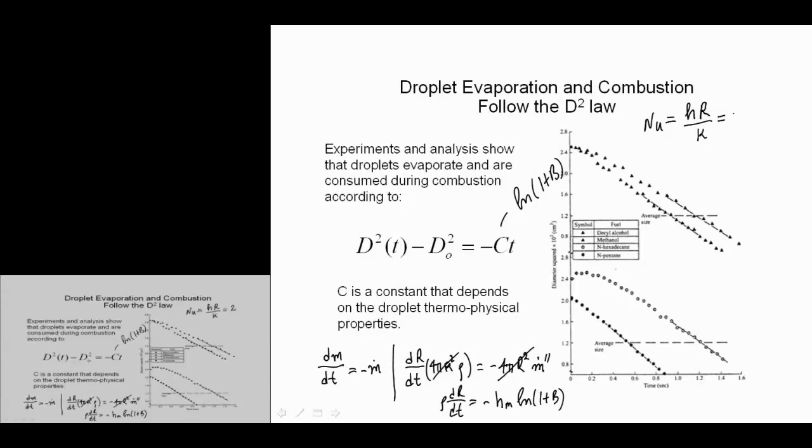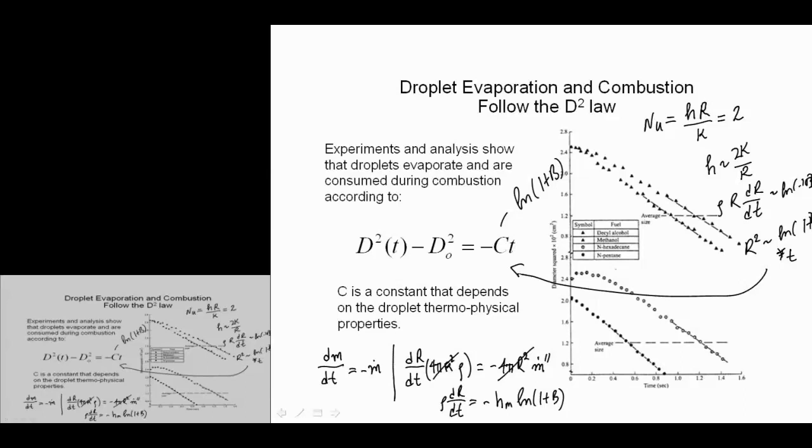And so what you see is that h looks like 2k over r. So if we substitute that in, I'm just going to do it from a scaling perspective, r dr/dt looks like ln(1 plus B), and so r squared has this ln(1 plus B) constant there, so ln(1 plus B) times time. So this is the genesis, this is the basis of this d-squared burning law.